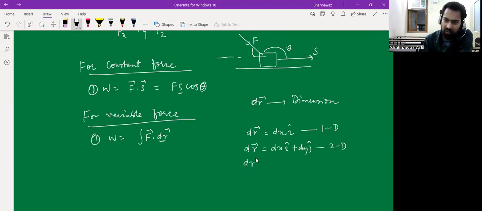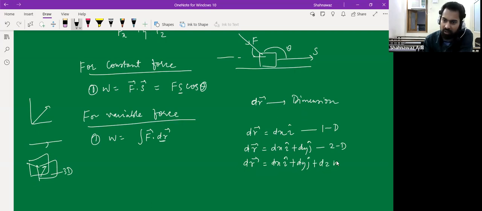And if you have displacement in three dimensions: if you are in a plane, you have two dimensions; if you are in a straight line, you have one dimension; and if you are in a volume, then you are in 3D. So this will be dx i plus dy j plus dz k. So this is in 3D.